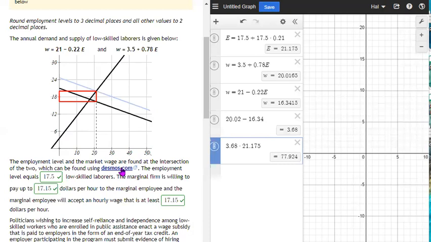Now we're talking about low-skilled laborers, right? Low-skilled laborers are probably going to have pretty inelastic supply. Why? Because there's not as many options for them. I mean, for example, LeBron James can work at a Walmart. LeBron James can work at a Goodyear tire store.